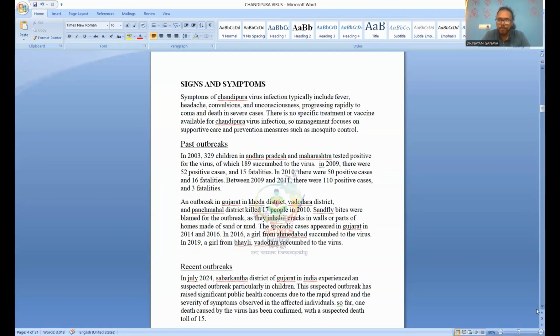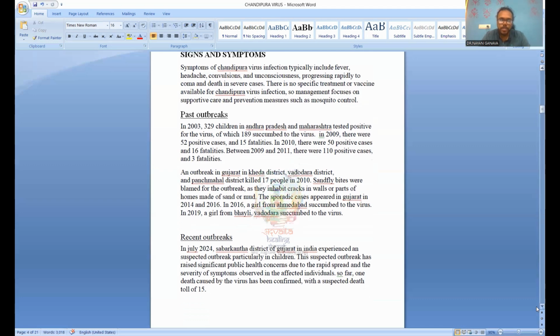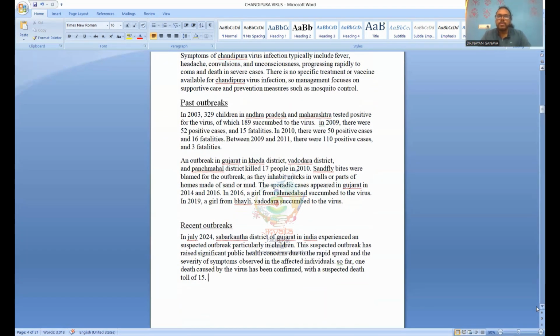So if we see past outbreaks, in 2003, 329 children in Andhra Pradesh and Maharashtra tested positive for the virus, of which 189 succumbed to it. In 2009, there were 52 cases and 15 fatalities.